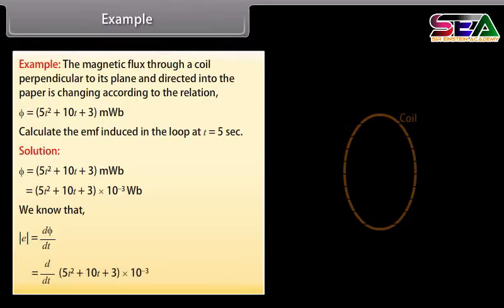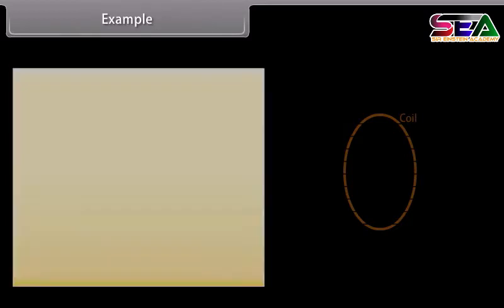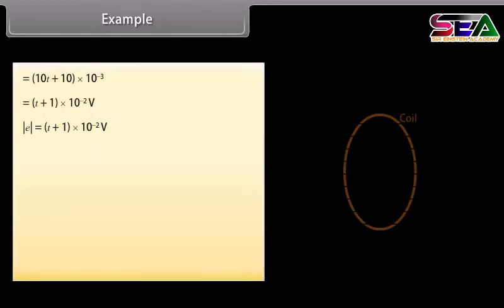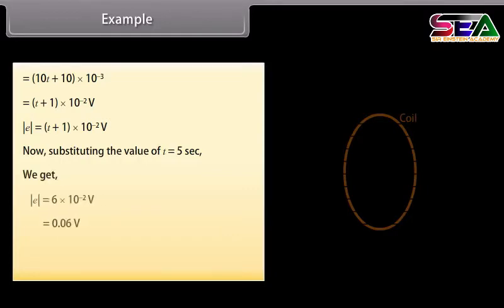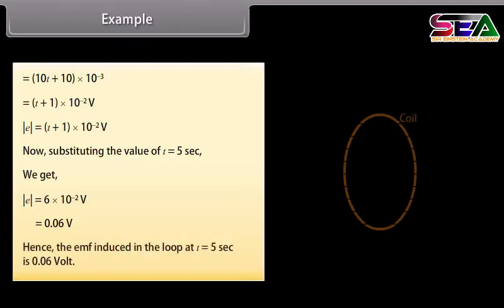By putting the values in this equation we get E is equal to (t plus 1) multiplied by 10 raised to the power minus 2 volt. Now, substituting the value of t as 5 seconds, we get E as 0.06 volt. Hence, the EMF induced in the loop at t equal to 5 seconds is 0.06 volt.